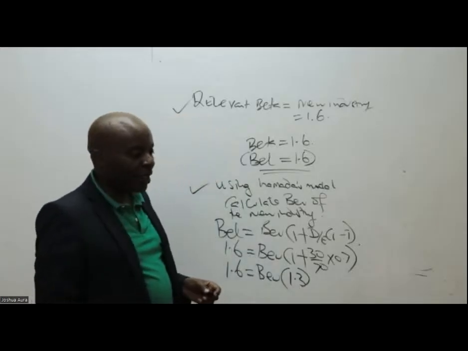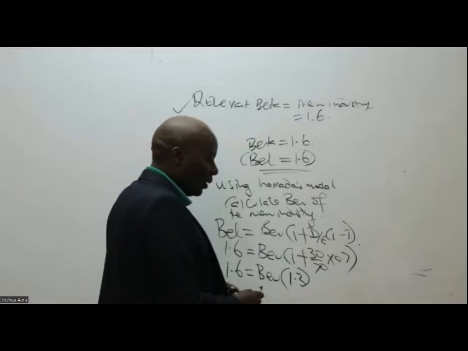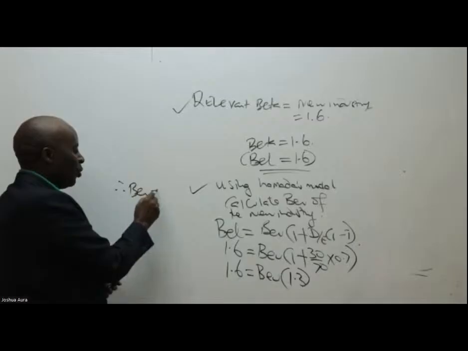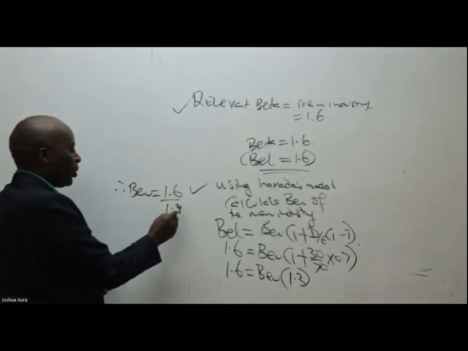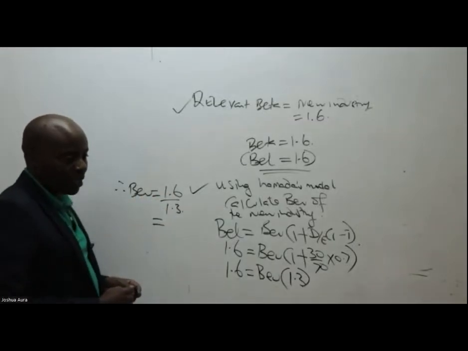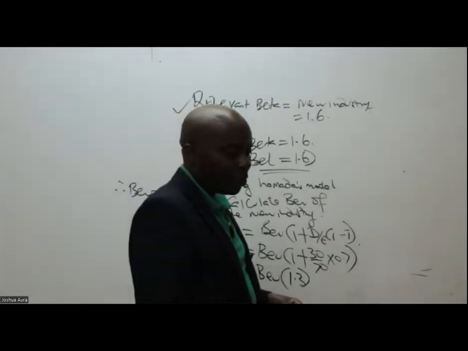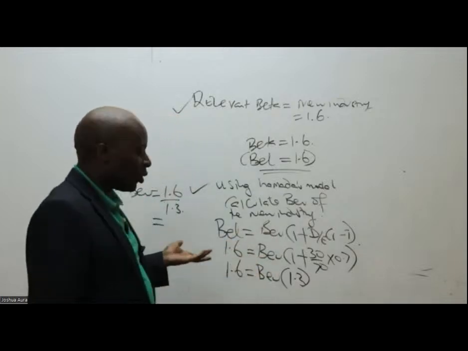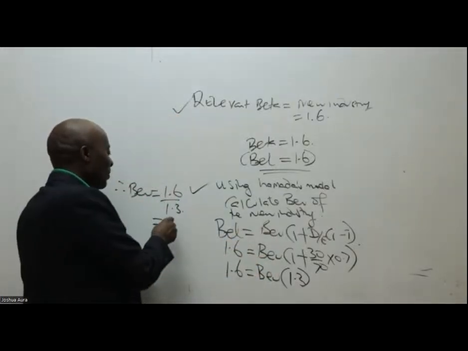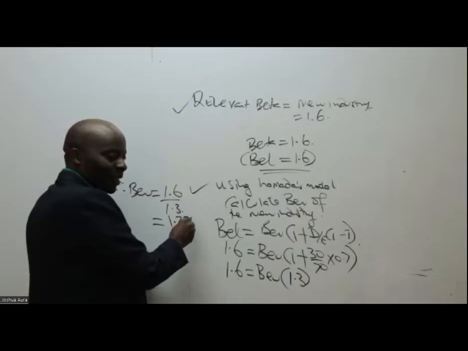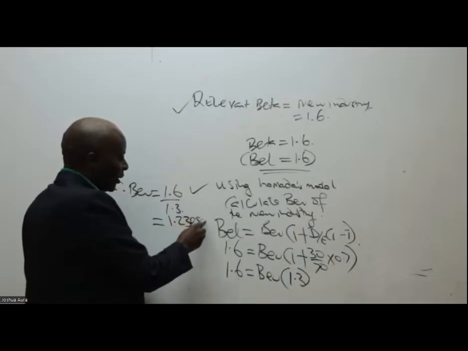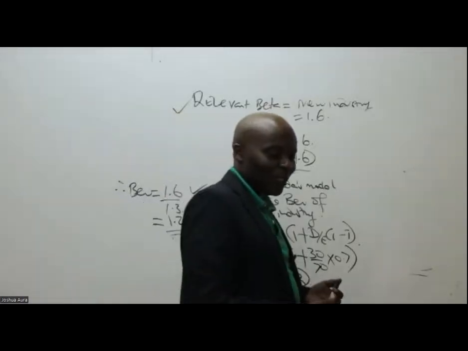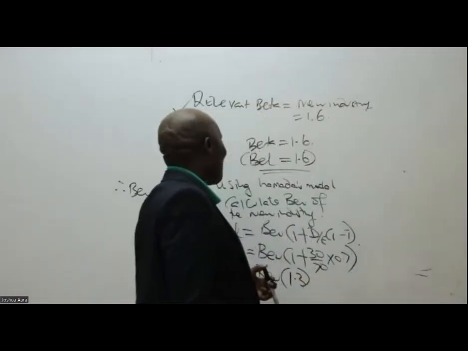So at the end of the day, my BEU will be equal to 1.6 over 1.3, which is 1.23. You got that BEU of 1.23, with many decimals. Thank you so much, that is wonderful.